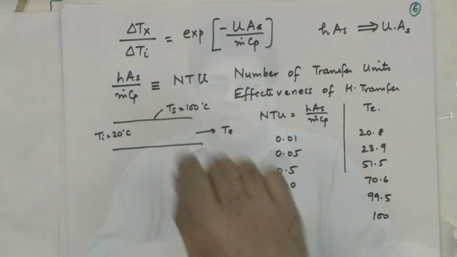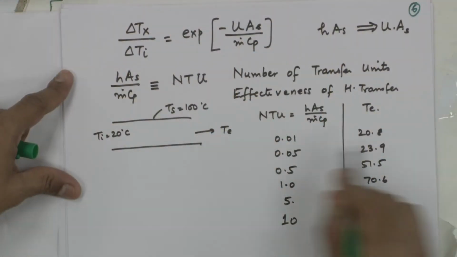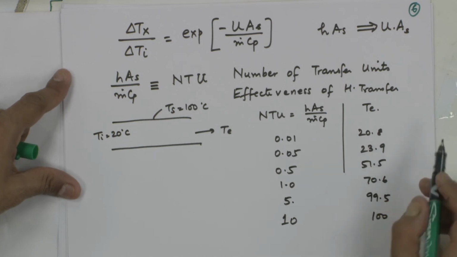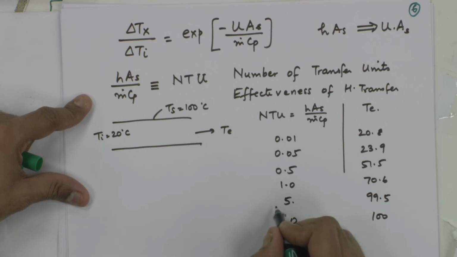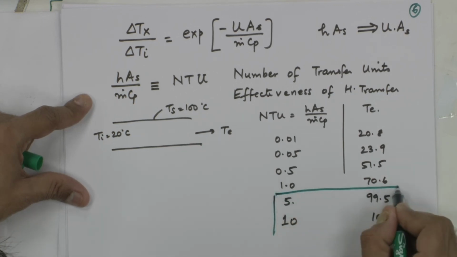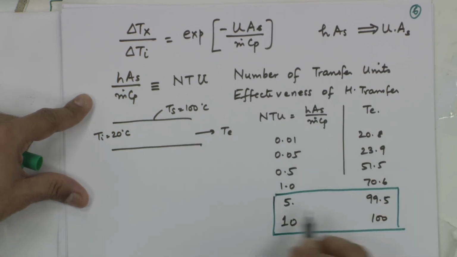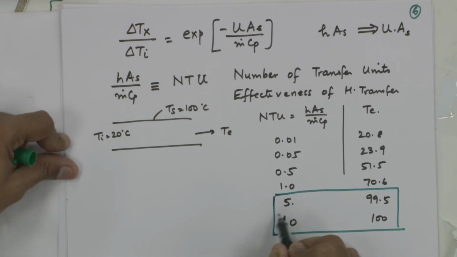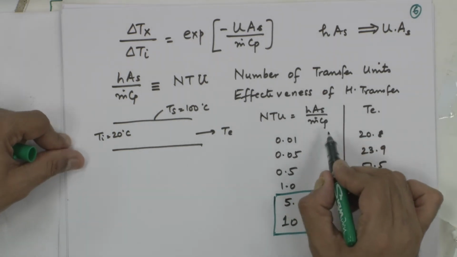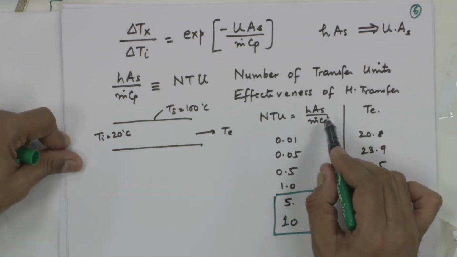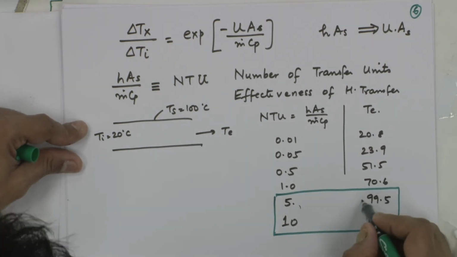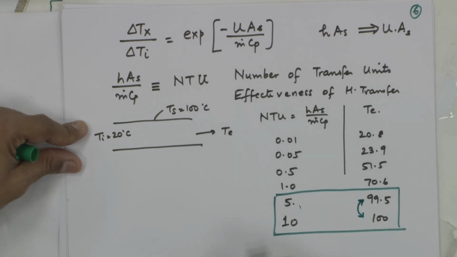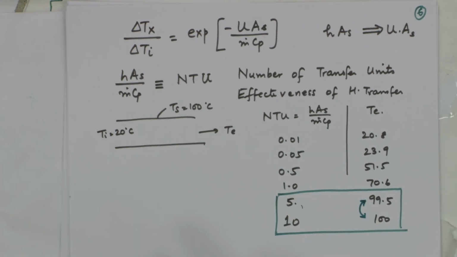The point to note here is, as my NTU increases, the effectiveness of heat transfer increases and therefore, the exit temperature progressively increases. But if you notice these two, if my area has gone twice, HAS m dot Cp, everything remaining constant, only length is changing, this is increased by a factor of 2. It causes a change in the exit temperature by only 0.5 degrees.